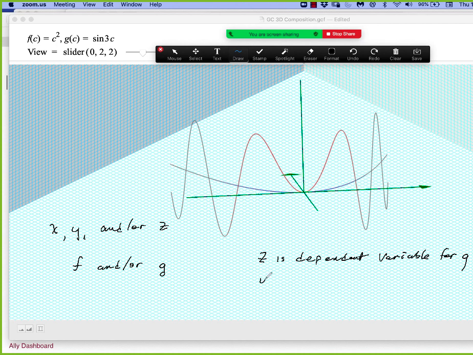Some kind of y value. Any more thoughts or comments about this new graph that I showed you? Okay, so besides the fact that it's graphed on the curve, is there anything else that you would say, oh, it's not looking like sine of 3c to me?